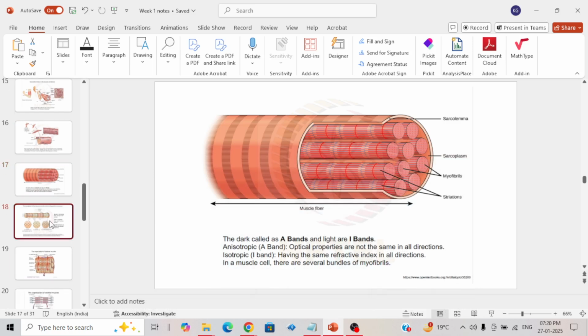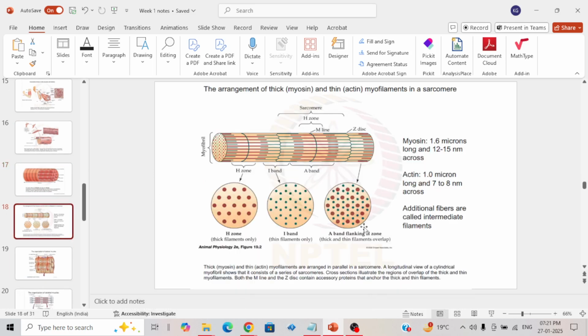Okay, so if anyone can count and tell me how many actin filaments are present around a single myosin bundle. How many actins are present? If you can see the arrangement, it is actually six.